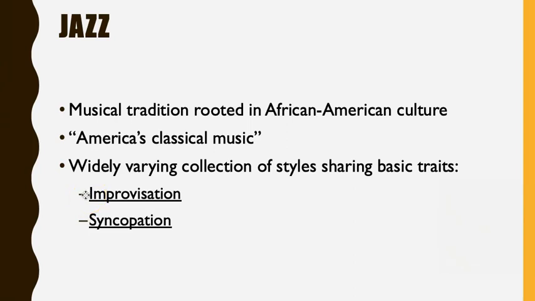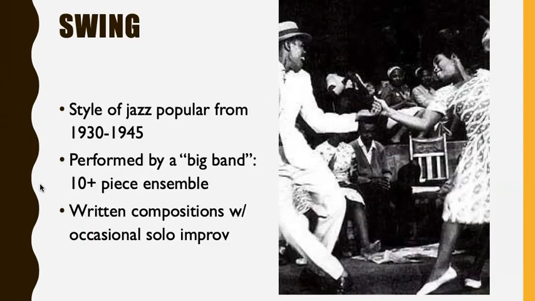To improvise means to make something up on the spot without planning it out ahead of time. You can improvise a speech, you could go see an improv group perform on stage in a theater, or you can improvise music. Improvisation becomes very central to the genre of jazz music, and we'll see some of that today with Duke Ellington.